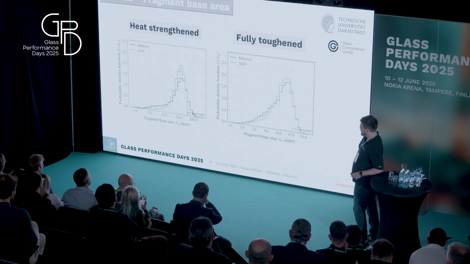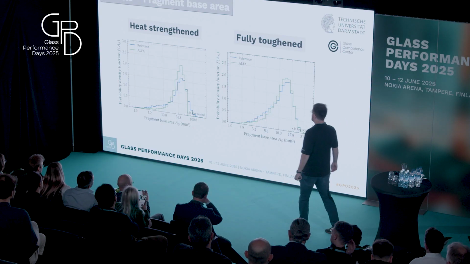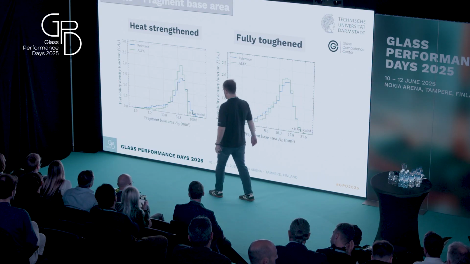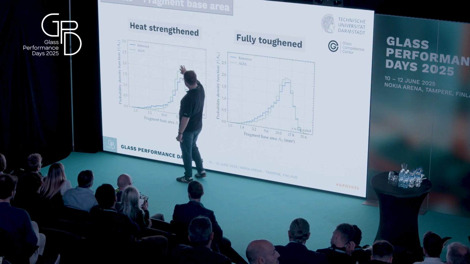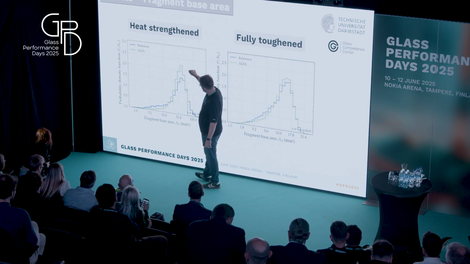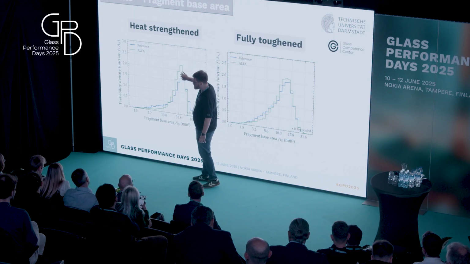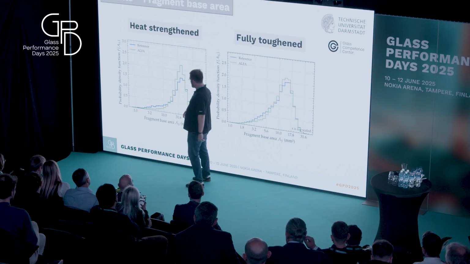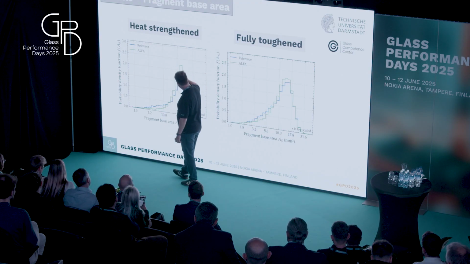But what I've also done is I've used this method to compare it to actual reference experiments. With the green line here depicting the method that I've just shown, we can see that the average value of the fragment base area is hit pretty well, and also the curvature quite nicely.